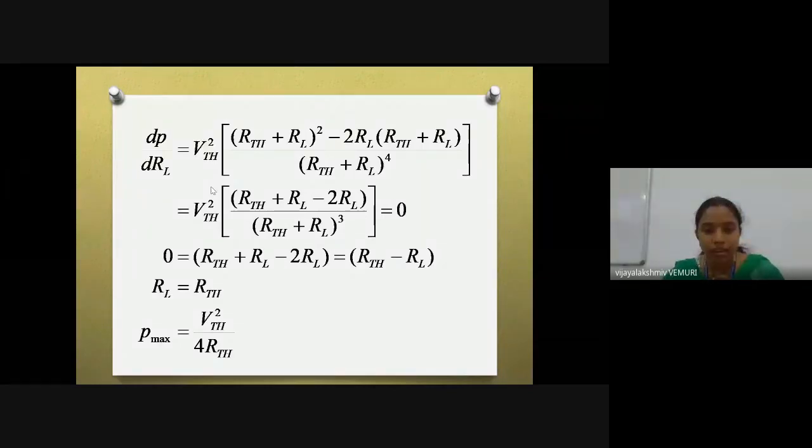For RL equal to RTH, you will be getting maximum power transfer. Very important formula and very important condition for maximum power transfer for a DC circuit. Understood? Yes, please. This is what I have explained in the last class.